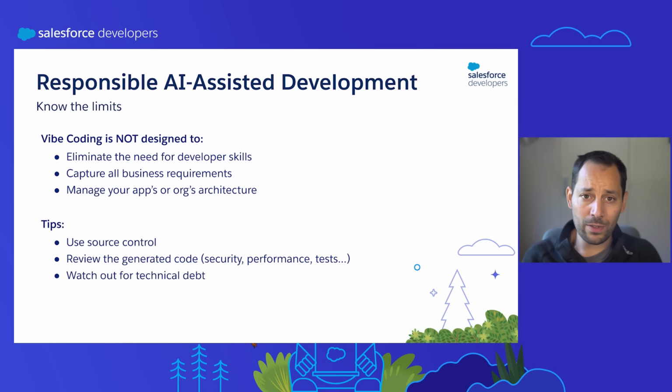Then you want to review this code that is being generated to make sure that it complies with your security and performance requirements, and you want to make sure that it also has proper test coverage. Finally, as you generate more and more code faster, you want to make sure that you take into account the technical debt that could be rising very quickly. So always think about the governance and the overall org architecture when you generate code and apply vibe coding responsibly.